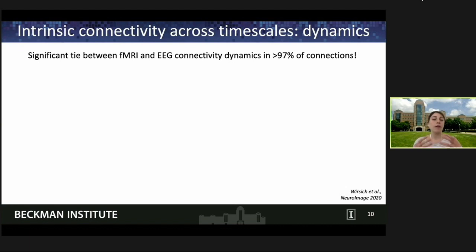So again, for every frequency band and for every connection, any increase or decrease in connectivity strength is coupled with a change in functional connectivity in fMRI.